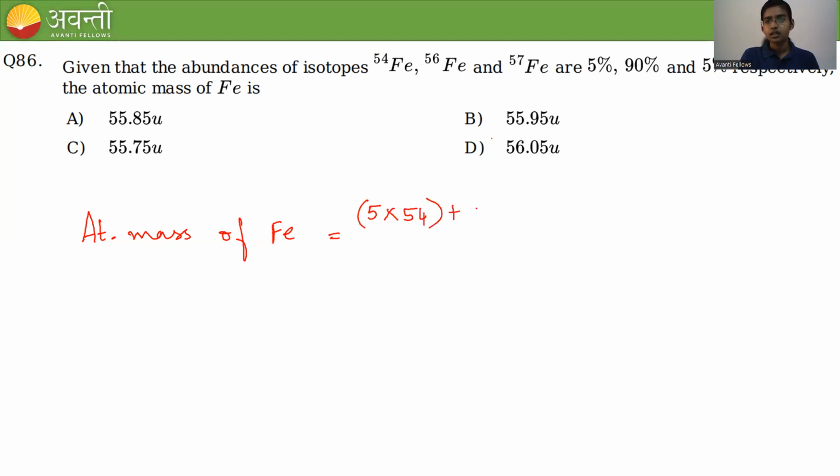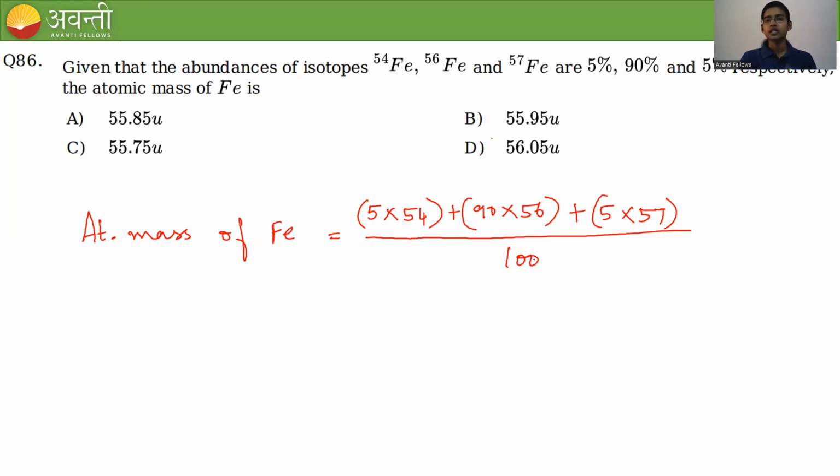Like that, 90 into 56 plus 5 into 57, the whole divided by 100. So sum of the percentage and atomic mass products divided by 100 is the relation to find out the atomic mass of iron.